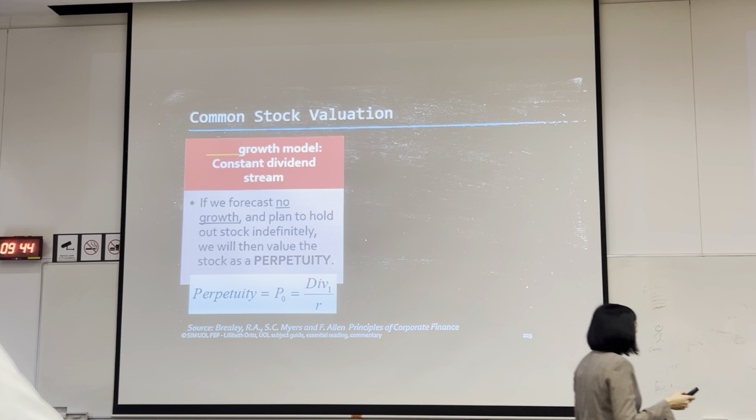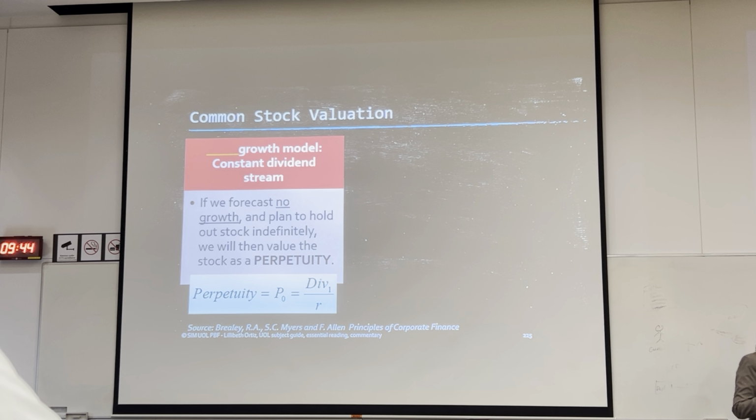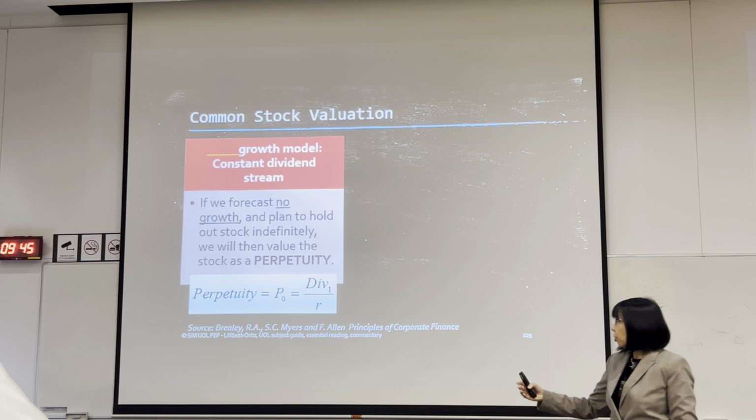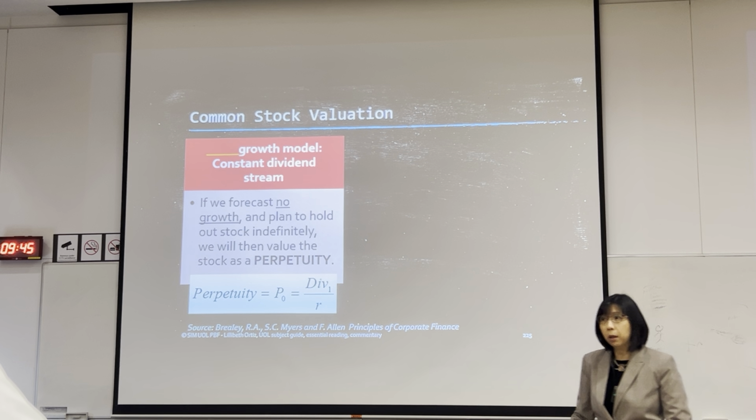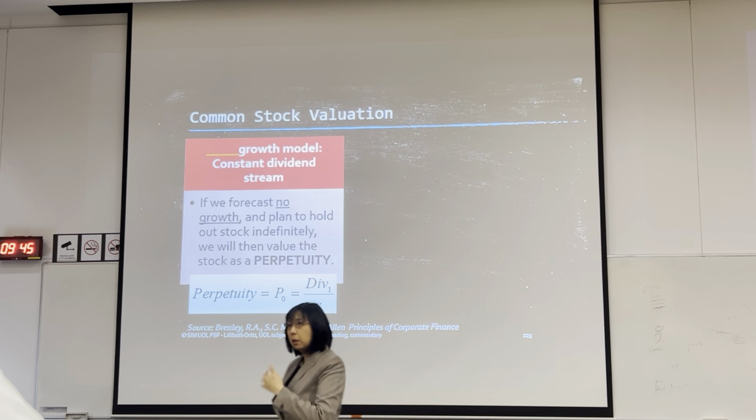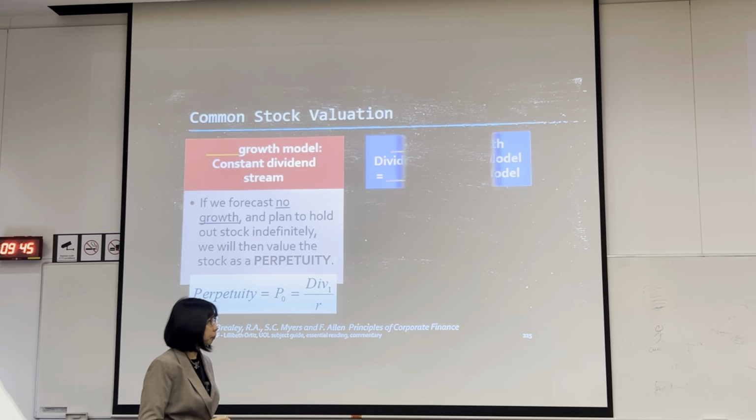And the equation for valuing how much this perpetuity is worth today, the price of a perpetuity today, is that constant dividend that's paid forever divided by R. Take note, this is not 1 plus R, this is simply R. Okay, so that basically simplifies things a lot, doesn't it? If you assume this stock pays 50 forever, you just take 50 divided by the discount rate, and that's the value of the stock, right? So let's say 50 divided by 0.1, right? So that becomes 500. That's the value of the stock.